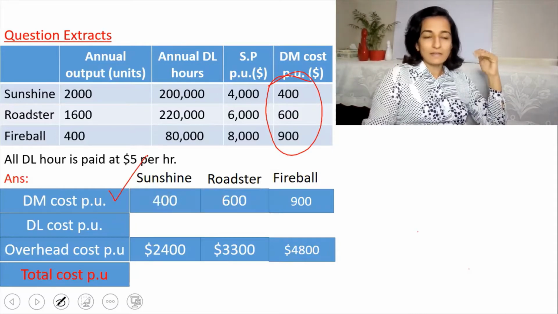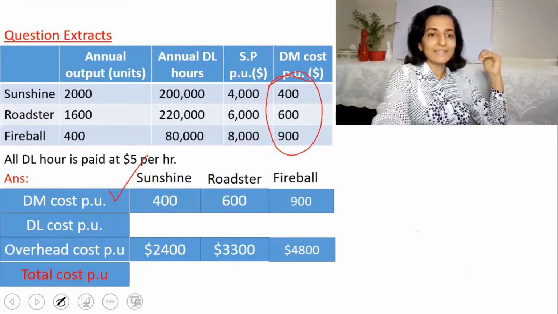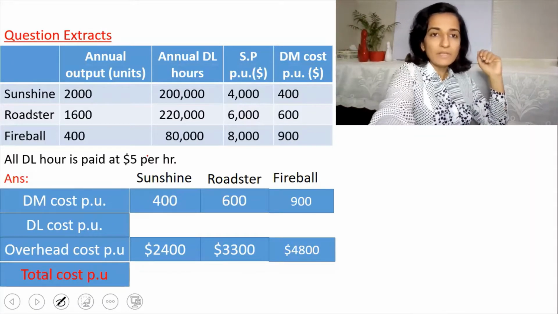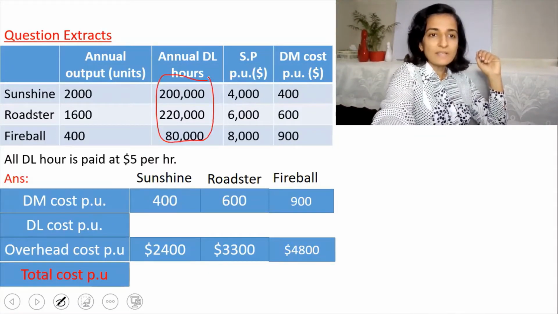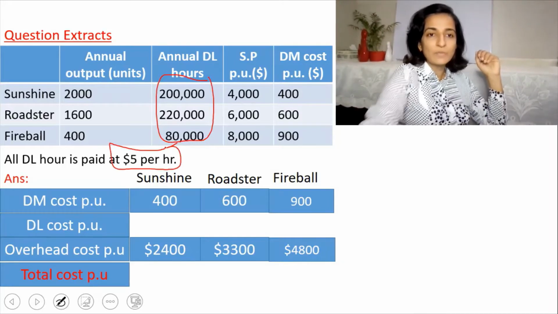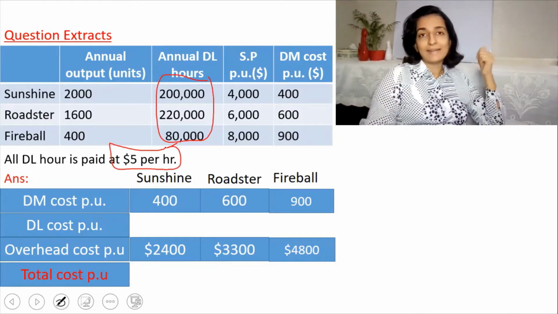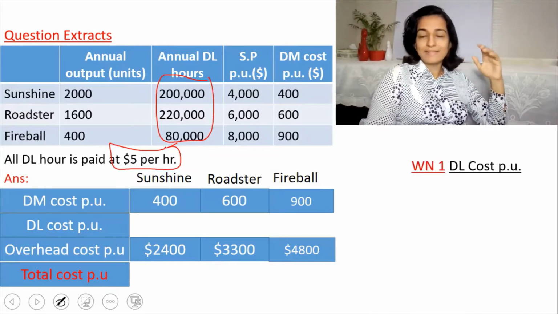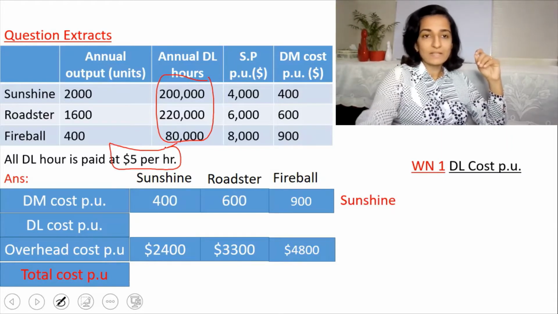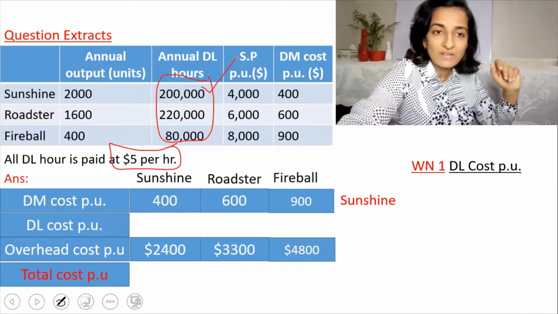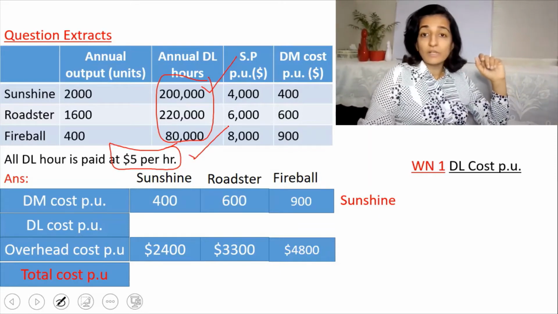Okay, so that's done. Now coming to the direct labor cost. They have given the direct labor hours. They've also given the rate per hour. So when you multiply, you will get the total direct labor cost. Working note 1, direct labor cost per unit. For Sunshine, the direct labor hours are 200,000, and the rate per hour is $5 per hour.